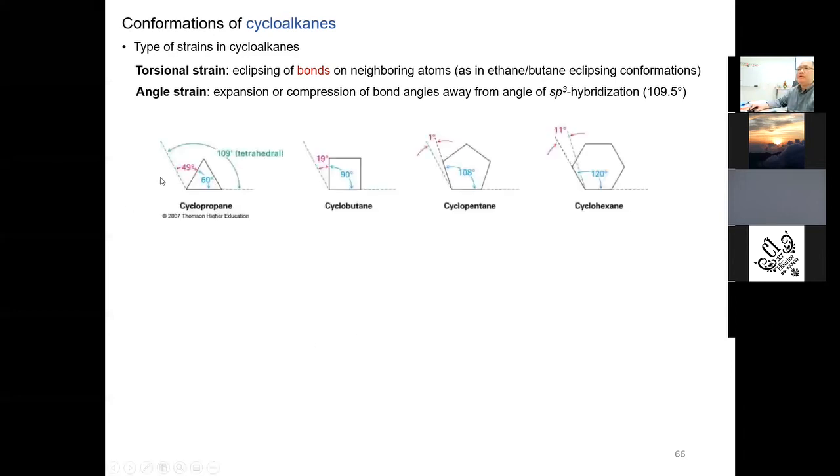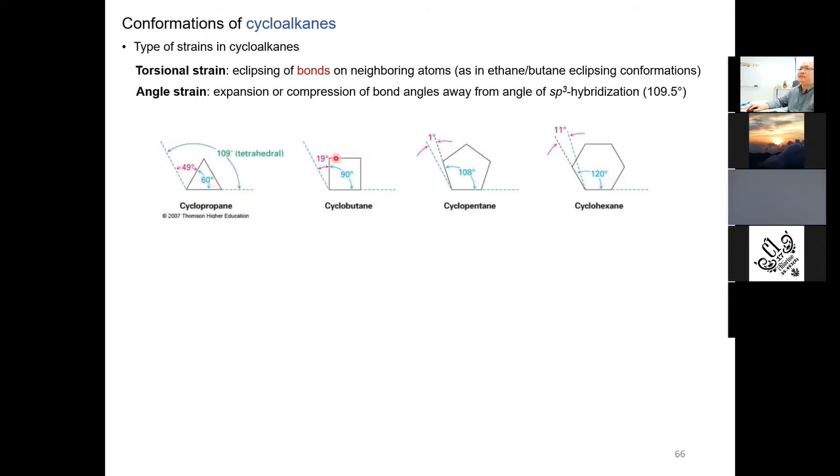So for example, cyclopropane is a planar structure, right? It has 60 degrees bond angle between this CC bond and this CC bond. But the optimal sp3 hybridization has 109.5. So this has very large angle strain, okay?